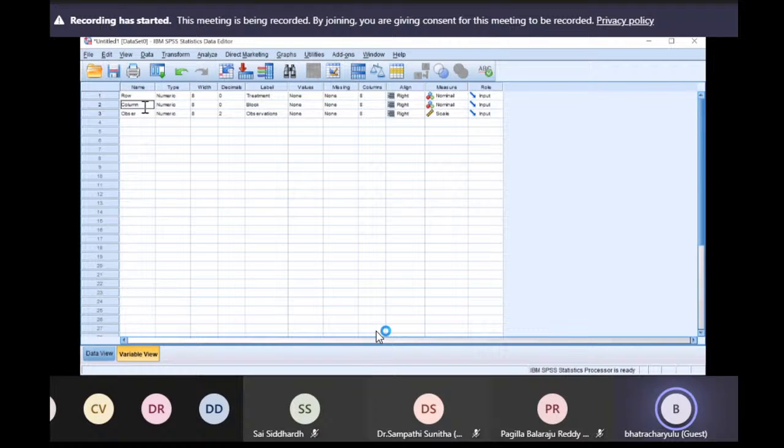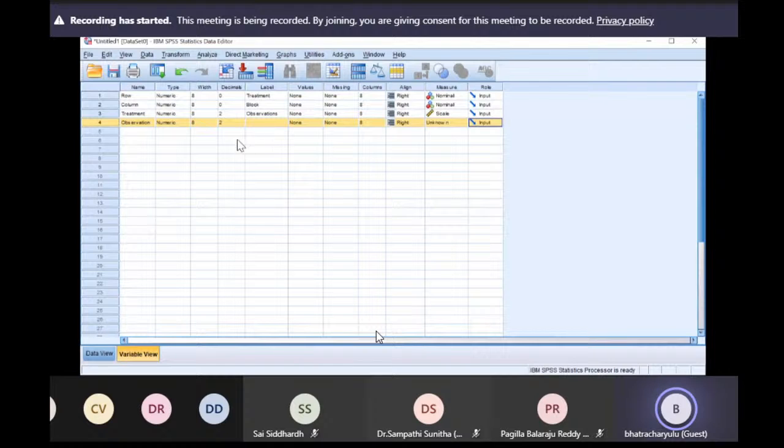Third one you write as treatment. And fourth one write as observation. Enter. Just enter. Okay.